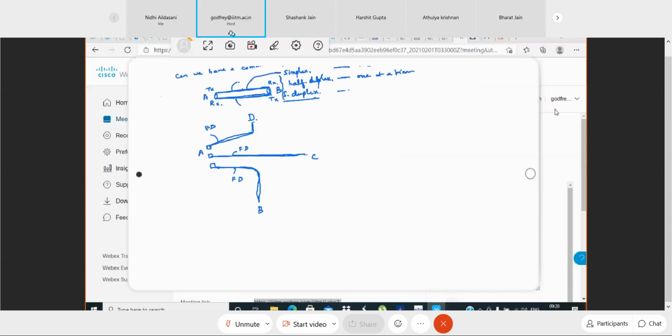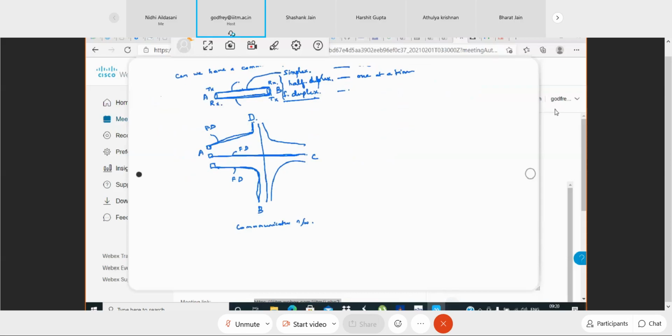Similarly, D should have a communication link with A, one more link with C, and one link with B. So this together makes a communication network, right?